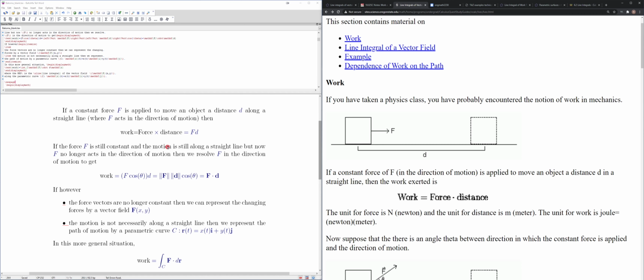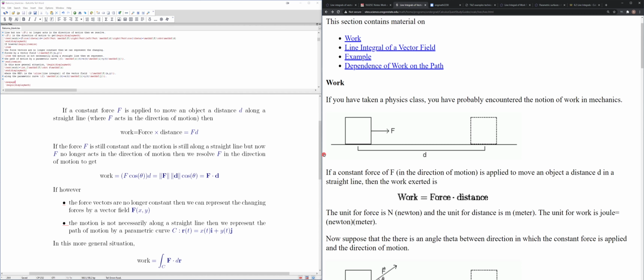You want to notice here that this is a constant force, so your force isn't changing as you move along this straight line. And the next thing you want to notice is that the force is in exactly the same direction as the direction of motion.